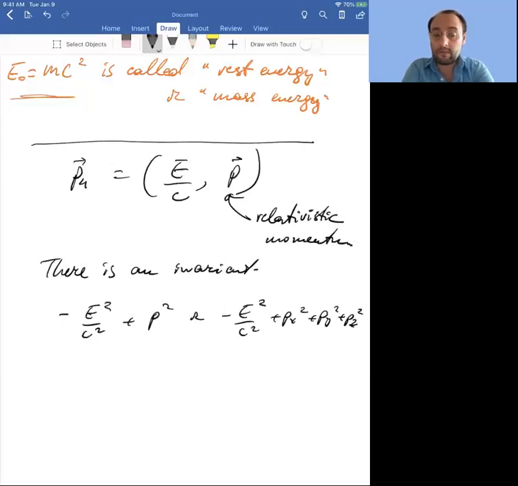If the particle has a mass, we may evaluate this in its own rest frame. Things that don't have a mass, they don't have a rest frame. But if the particle has a mass, we can switch to the rest frame of that particle, we can always catch up to it. And in that frame, it will seem stationary. So we may as well evaluate this in the rest frame, right?